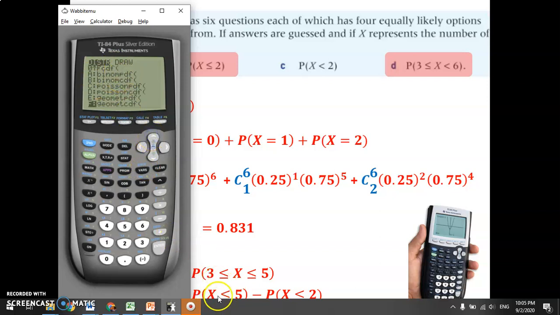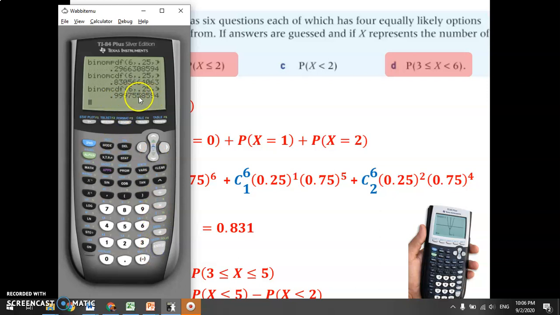And again, since we're looking for x values less than or equal to 5, we know we have to use binomcdf because we need to do multiple values for that x, not just a single value but several, so cumulative, CDF. Okay, so there, 6 trials, 0.25 is our probability. We're looking for 5 or under, so I'm going to put 5 here, and then paste, enter. So enter again, and there's our answer.